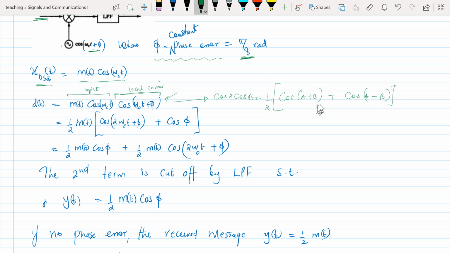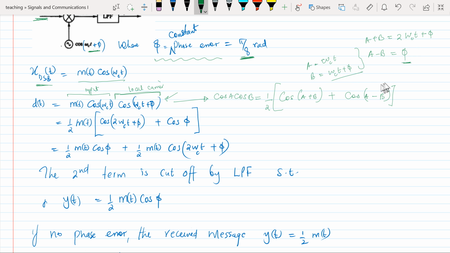If we let A be equal to omega c t and B be equal to omega c t plus phi, then A plus B will be equal to 2 omega c t plus phi, whereas A minus B will be equal to phi, because this might be minus phi, but we know cos of minus phi and cos of phi are the same.